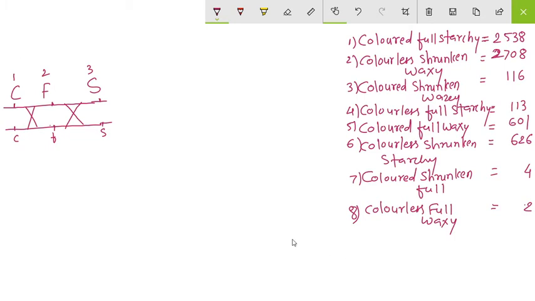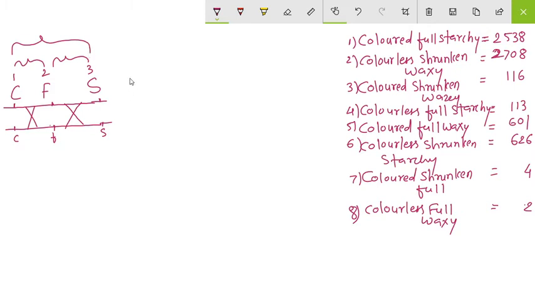That means crossing over between C and F, then crossing over between F and S, and the total crossing over between C and S. Okay.